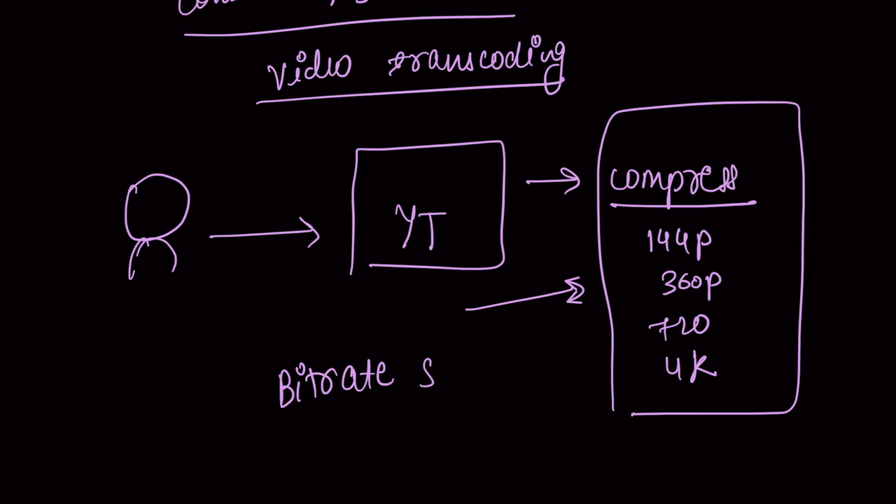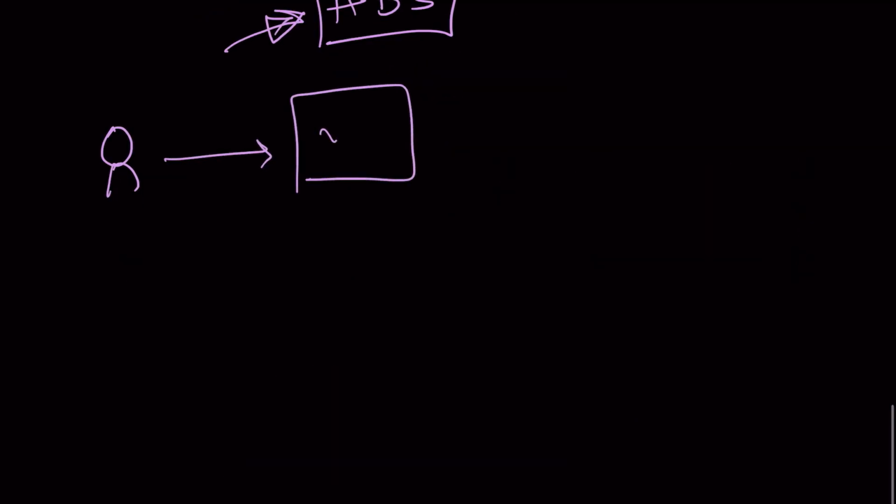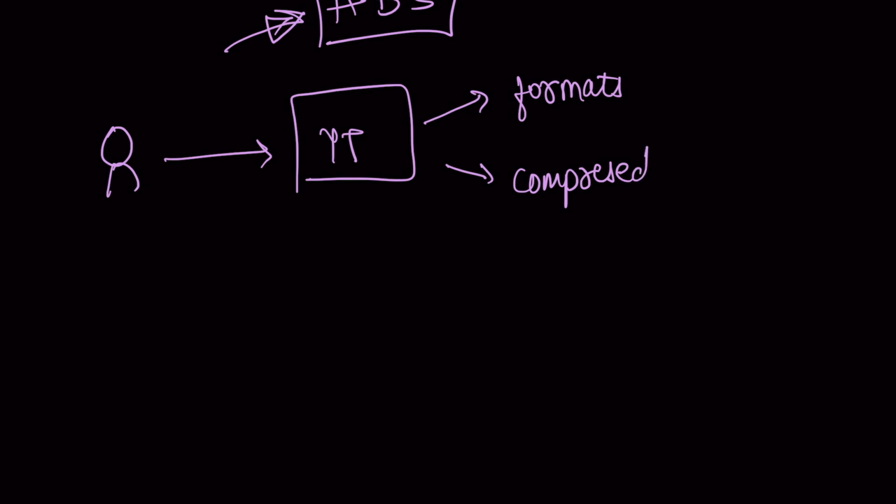And this is done through adaptive bitrate streaming, ABS, which basically adjusts the video quality based on the viewer's connection. And once the video has been processed by YouTube, converted into the different formats and compressed to different resolutions, it becomes available for streaming.